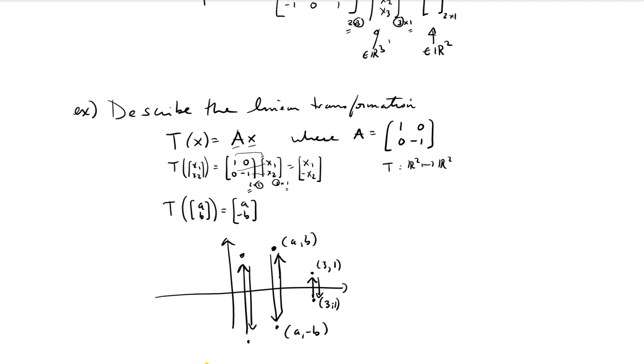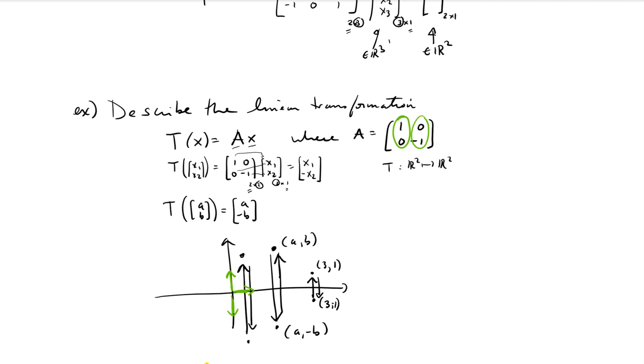So what transformation does that? If you haven't found it, here's another thing we can look at: where I and J get sent. I gets sent onto itself, so I stays where it is. And J, which is here, gets sent onto 0, negative 1.